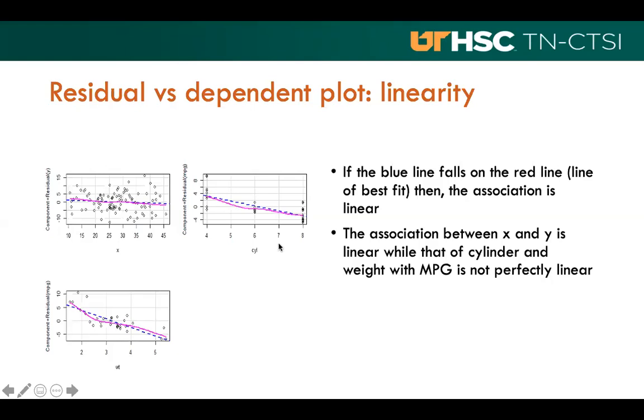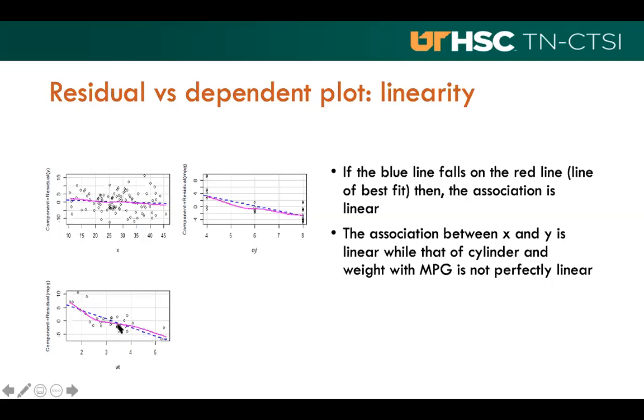Sometimes we would look at these kinds of figures and say the deviation is not too much. We can still use linear regression for this analysis. Other times, if the deviation is too much and very marked, we decide to use other methods for the analysis, or we might transform one of the variables to make sure that the association is actually linear.